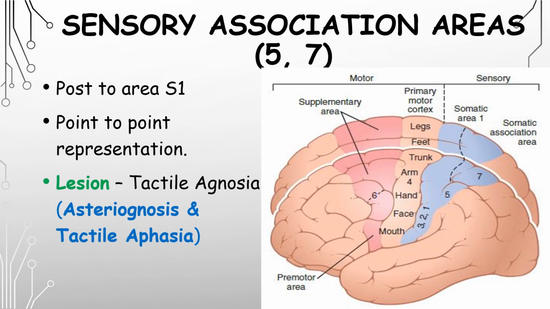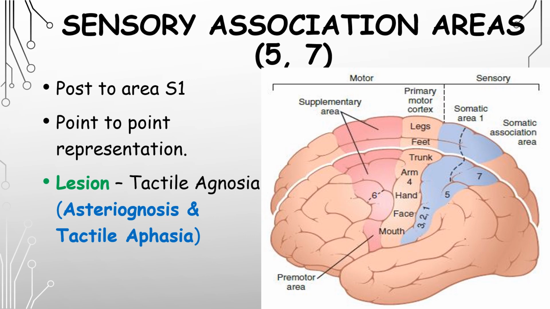Sensory association areas are areas 5 and 7. Area 5 is located posterior to the primary sensory area in the parietal lobe. A few neurons respond to tactile stimuli like the other areas in the primary and secondary sensory areas. Area 5 also displays a columnar organization, which is said to be point-to-point representation.